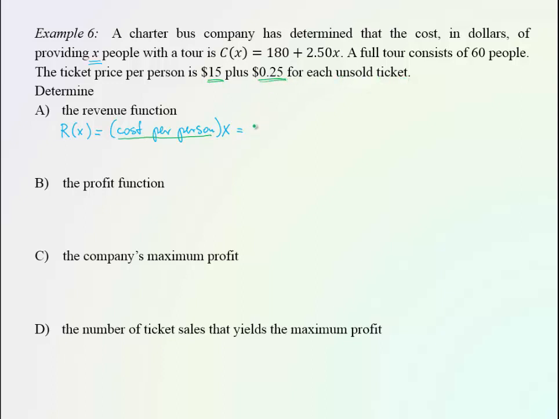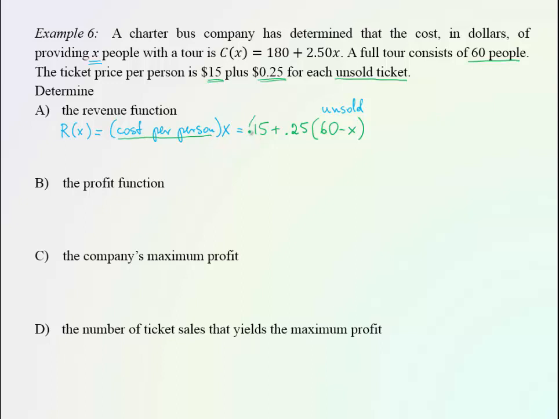Well, let's start building the expression. $15 for sure, and then 25 cents, 0.25, times the number of unsold tickets. Okay, but how many tickets are unsold? If X people are going for a trip and there were 60 seats in a bus, then X could be smaller than 60, and the remaining part, 60 minus X, gives us the unsold seats. 60 minus X. This is the unsold number of seats.